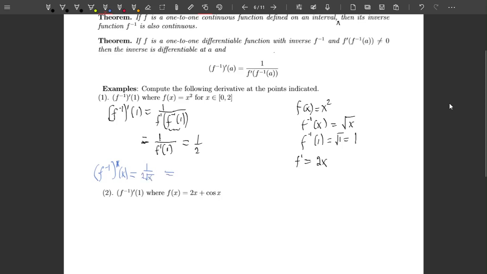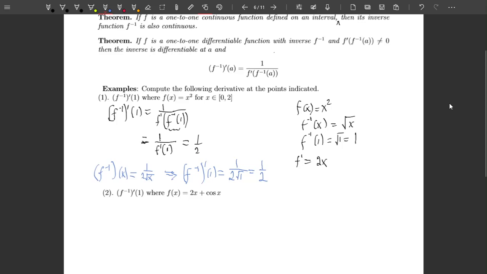So that tells me that my f inverse prime of 1 is going to be 1 over 2 square root of 1, which is the same thing as 1 over 2. So anyway you get this done, you still get the same thing.